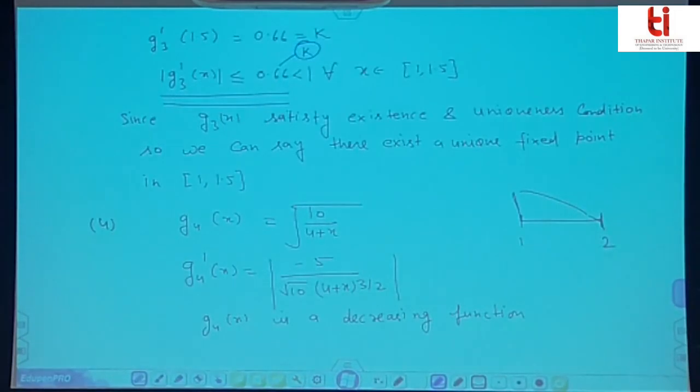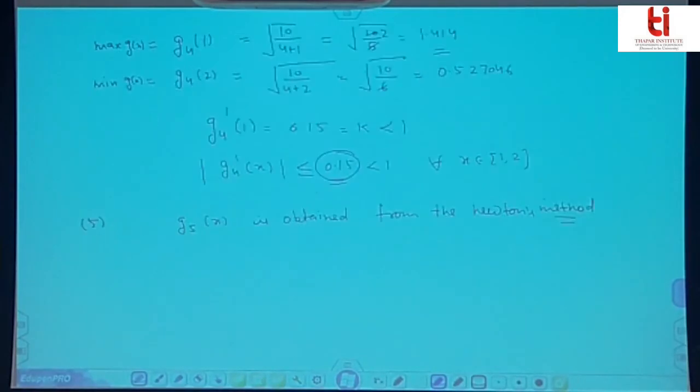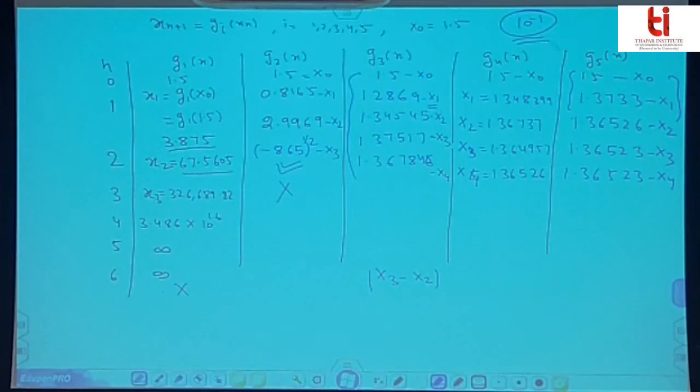That's why g4(x) will converge faster than g3(x). And g5, since it is Newton's method, its order of convergence is higher. That's why it is converging faster. So just keep in mind, whenever the value of k is less, that particular g will converge faster. That's why g4 is converging faster than g3, because the value of k is less in comparison to g3.